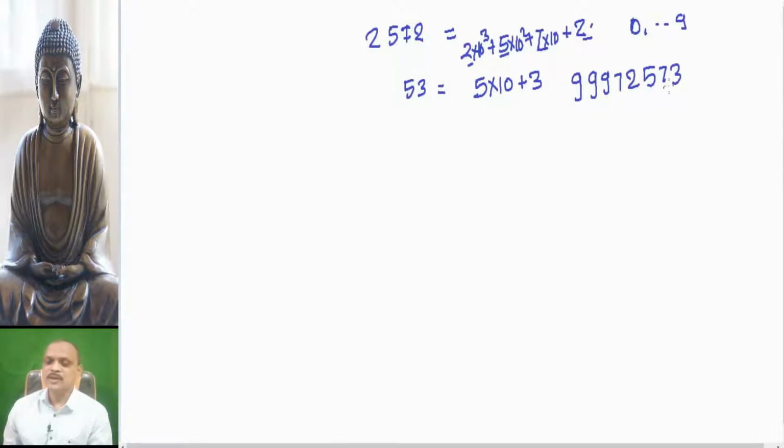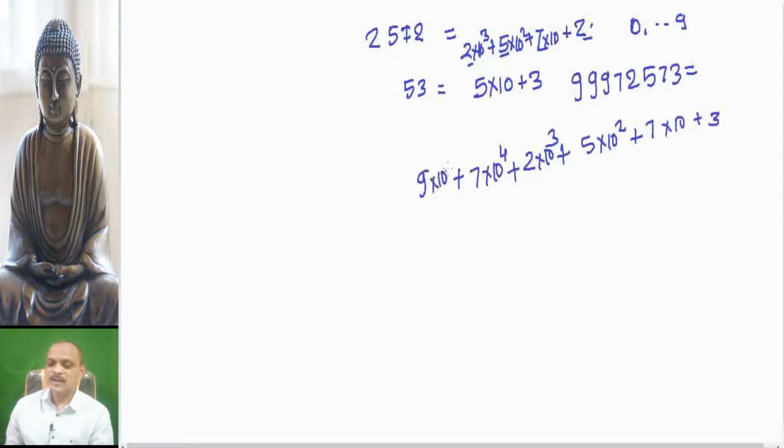999725573, this one. Then the polynomial expression of this number is 3 plus 7 into 10 plus 5 into 10 square plus 2 into 10 cube plus 7 into 10 raised to 4 plus 9 into 10 raised to 5 plus 9 into 10 raised to 6 plus 9 into 10 raised to 7.